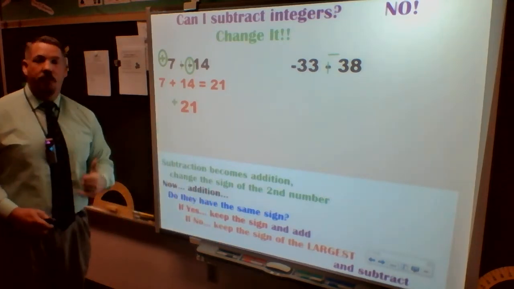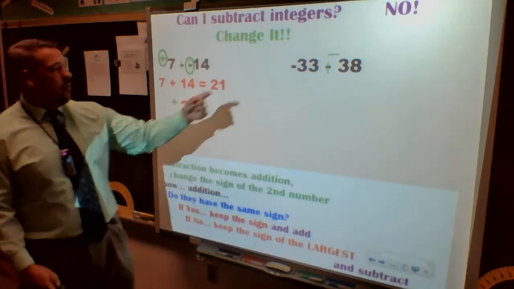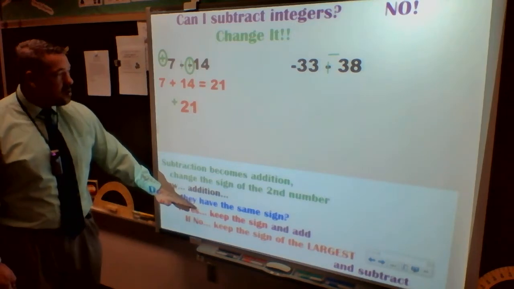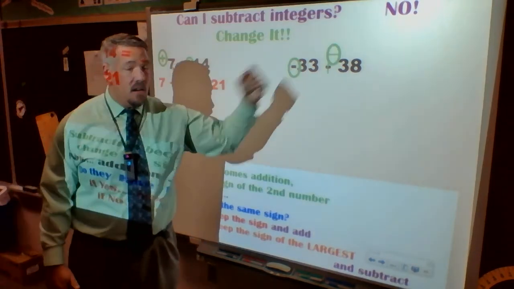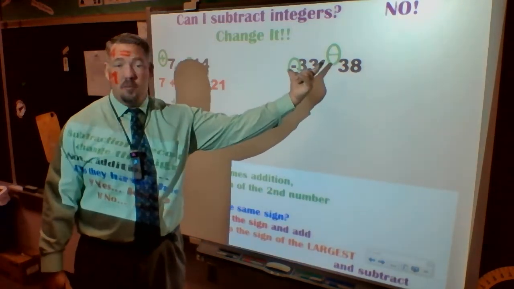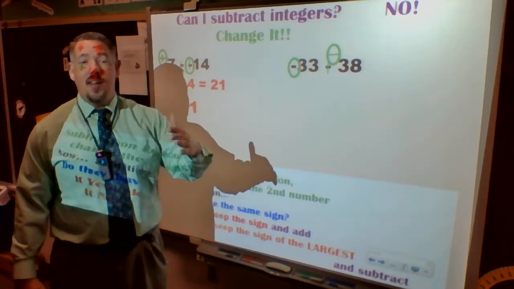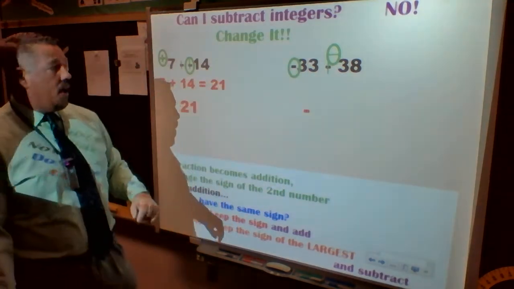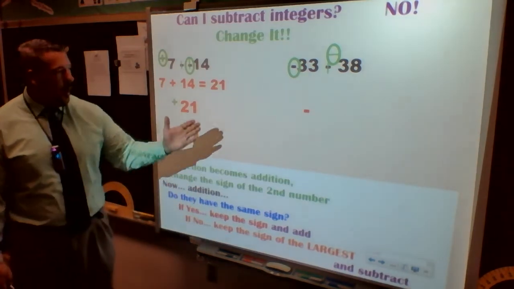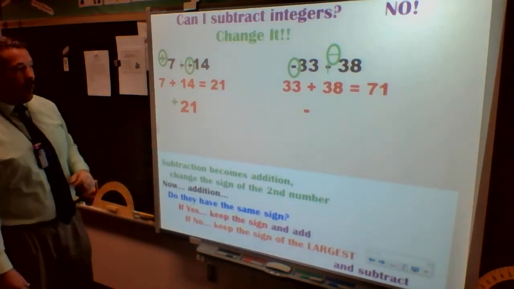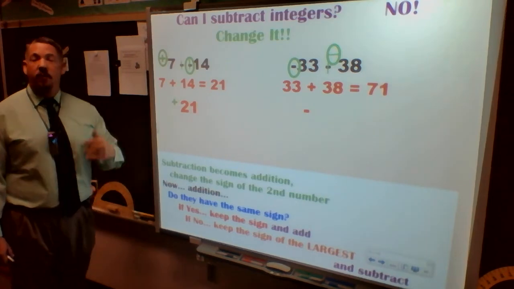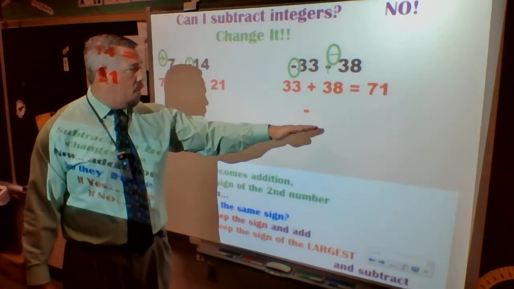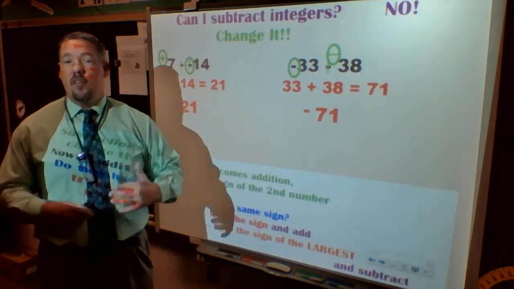When my negative is there, and I have a negative in front, do I have the same sign? Yes, indeed I do. Negative and negative. So I keep my negative sign, and I'm going to then add them together. 33 plus 38 gives me 71. So I know my answer is a negative 71.